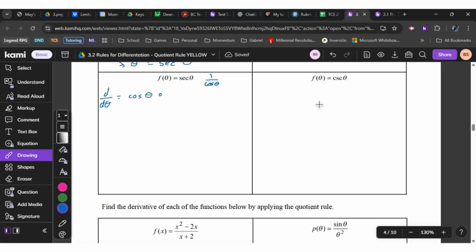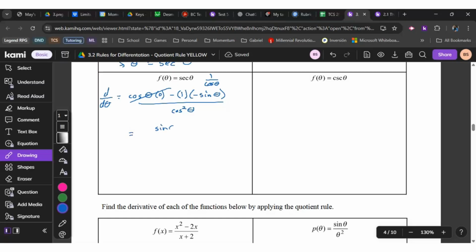Derivative of the top is 0. Minus high d low, all over low squared. This all goes away, right? Anything times 0 is gone. So here I've got negative, negative, so that's going to cancel out.